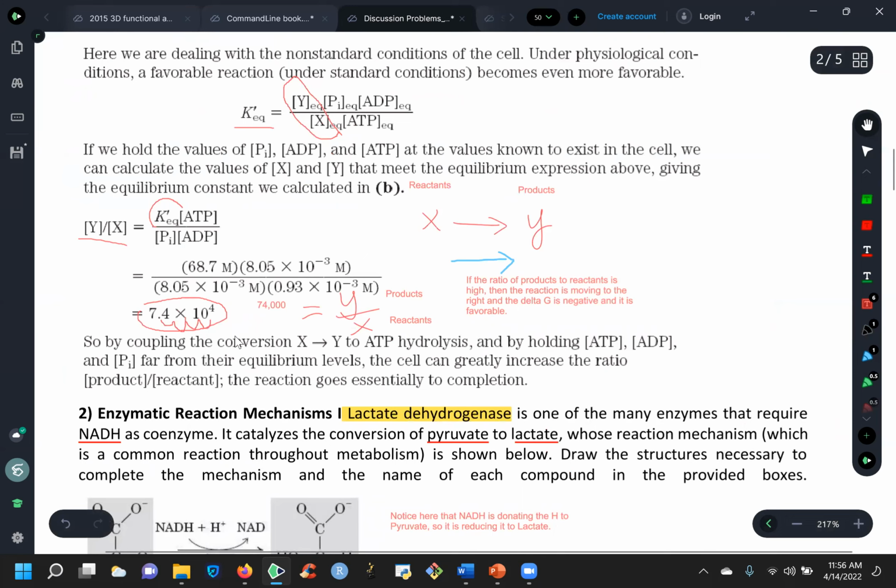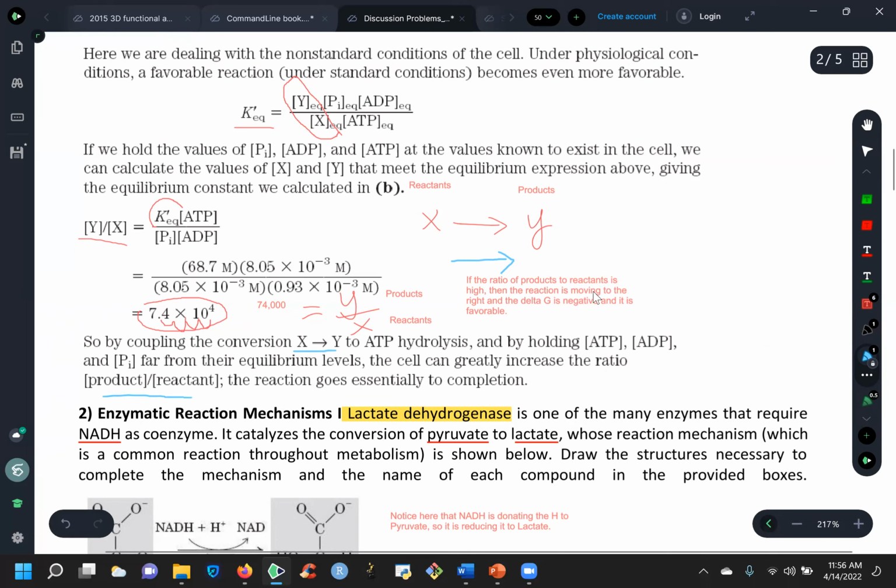By coupling the conversion of X to Y to ATP hydrolysis and by holding ATP, ADP, and phosphate far from their equilibrium levels, the cell can greatly increase the ratio of product to reactant.